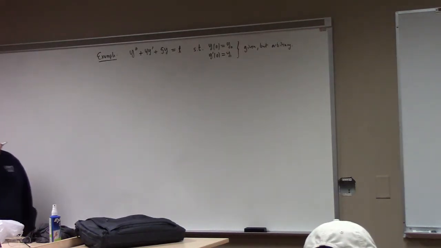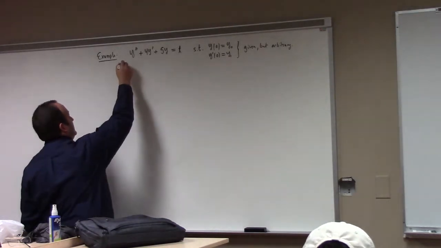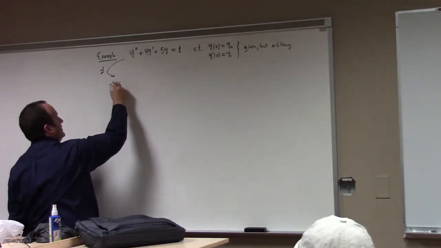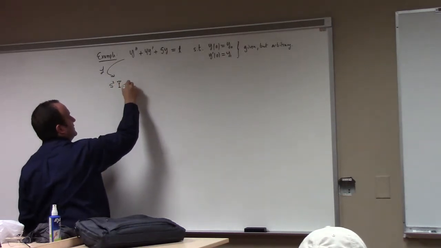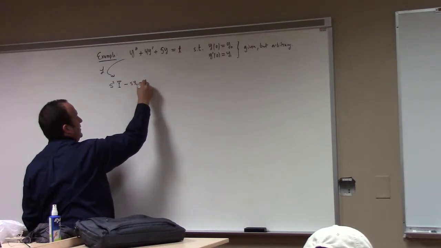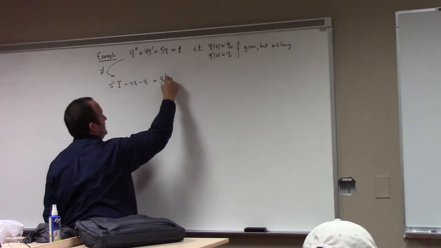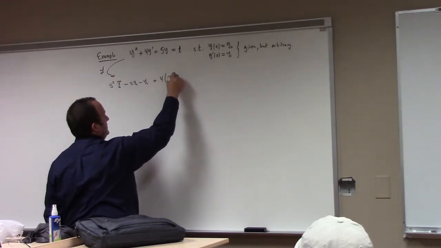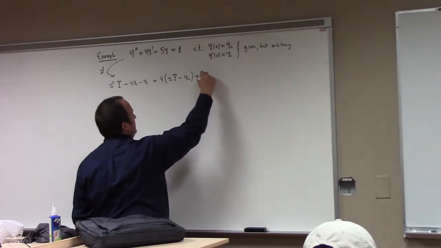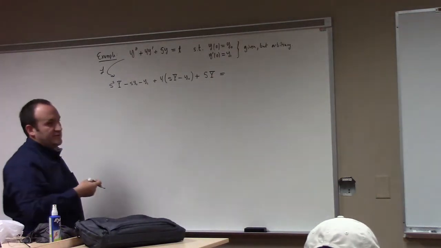All right. So the way to do this is to take the Laplace transform of both sides. So we take the Laplace transform, right? And that gives us s squared big Y minus s times y0 minus y1, plus 4 times (s big Y minus y0), plus 5 times big Y equals, well, what's the Laplace transform of t?